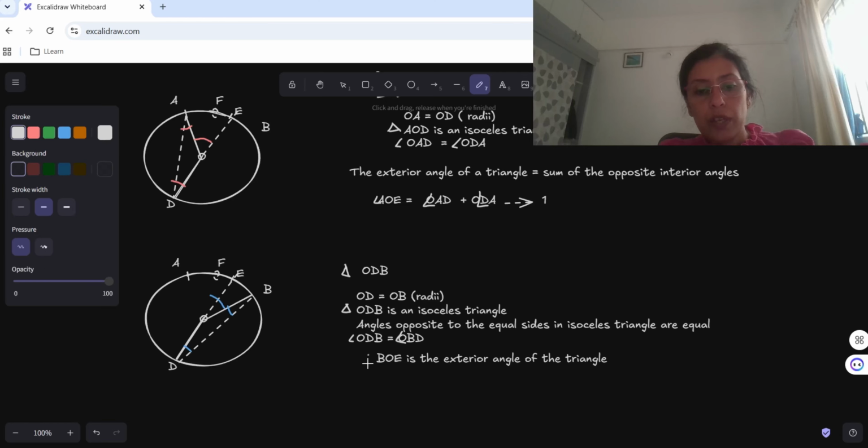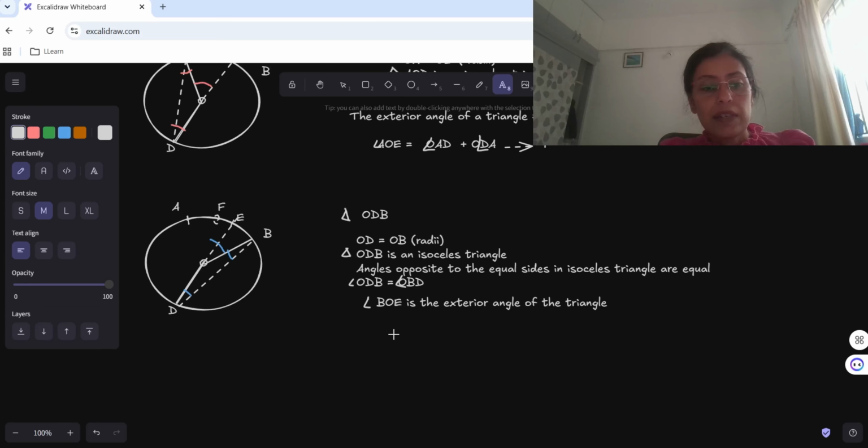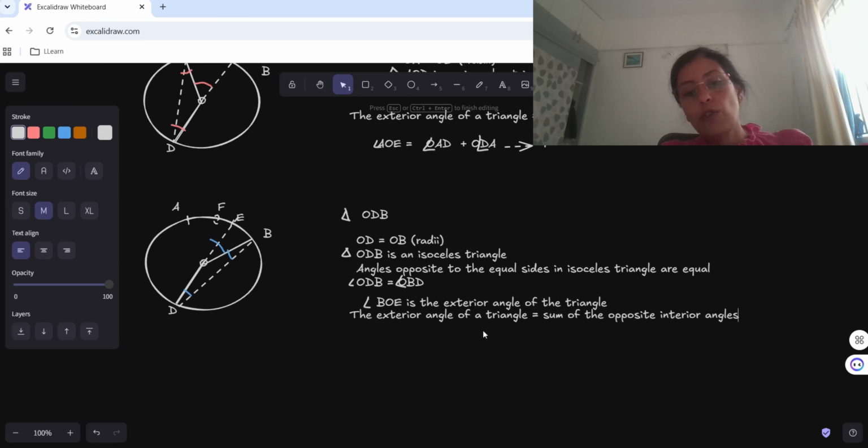Angle BOE is the exterior angle of the triangle. It is the same property here: the exterior angle of a triangle is the sum of the opposite interior angles.